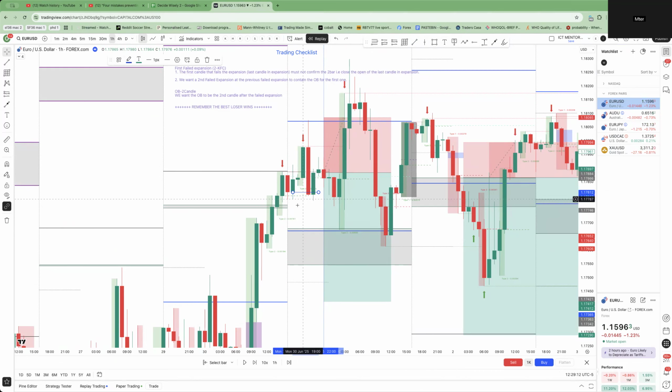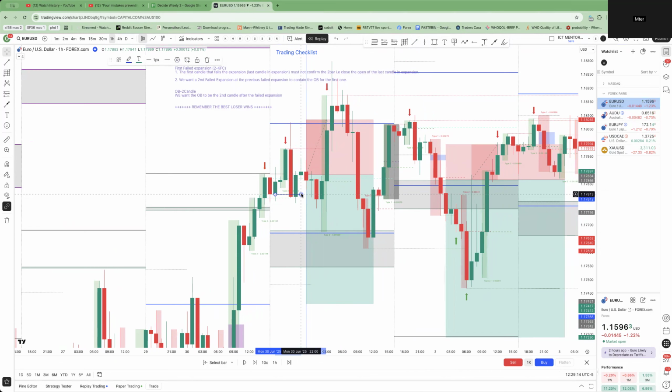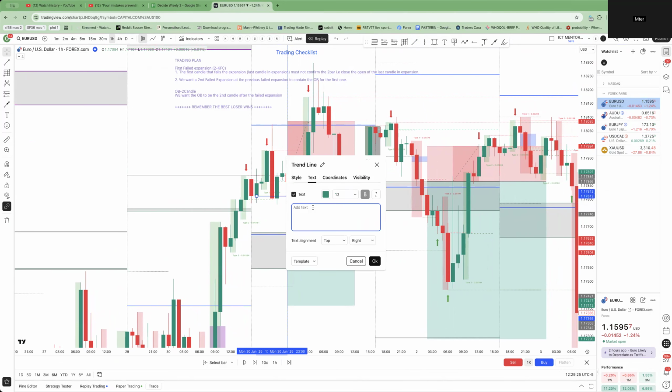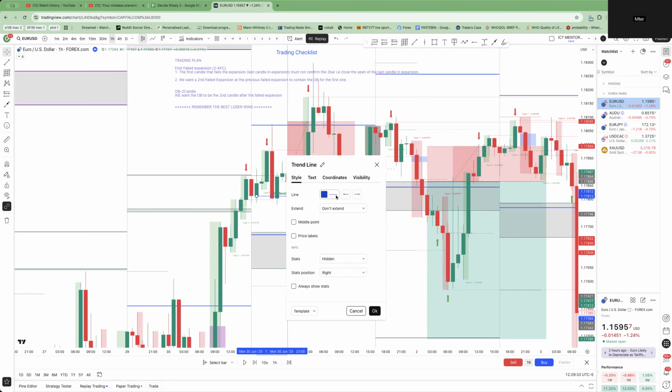I'll be paying attention. So I need a candle that shows the key level. Do I have a template? No. Key level. It's very important. Style might be, we need this.